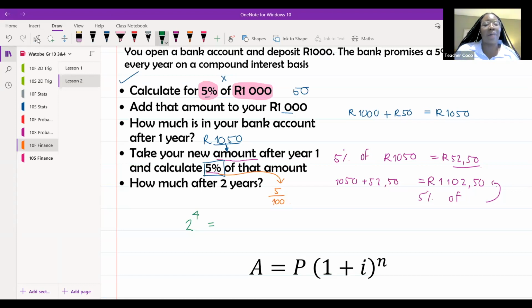Correct. Faith, what is my answer? Hi, Faith. Hi, ma'am. Hi, my sweetie. What's 2 to the power of 4? Ma'am, 2 to the power of 4 is 16. Beautiful. How did you get to that answer? And don't say I punched it into a calculator. If you had to do that in your head, how would you do it?